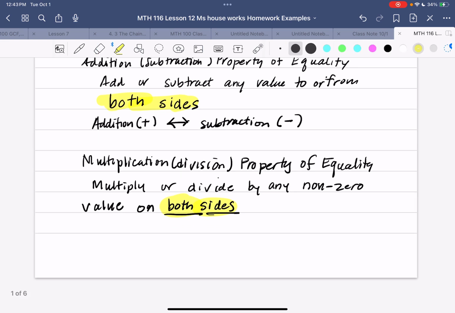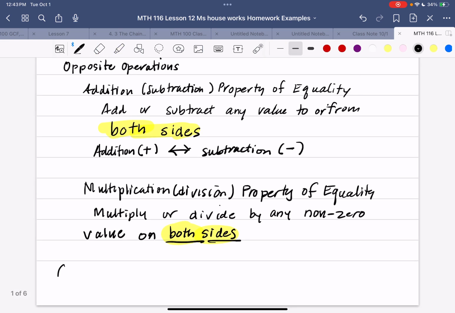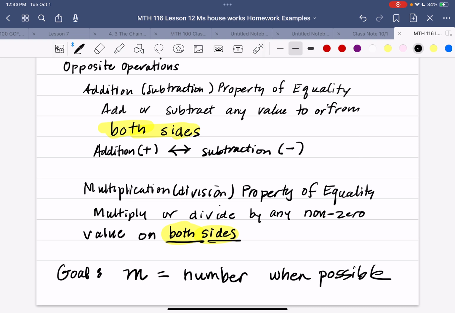Okay? Now remember, the goal of solving equations is to get the variable equal to a number, when possible. And that means that that variable is isolated.